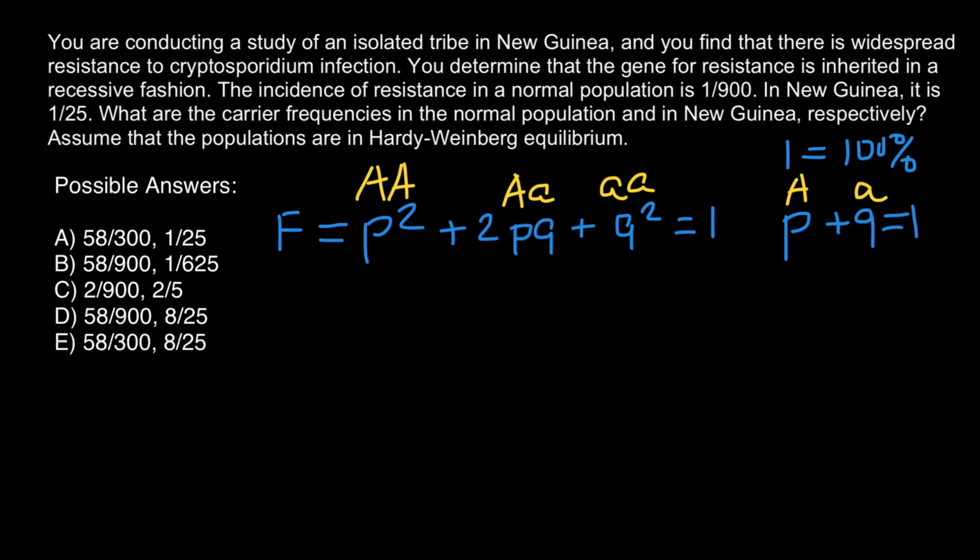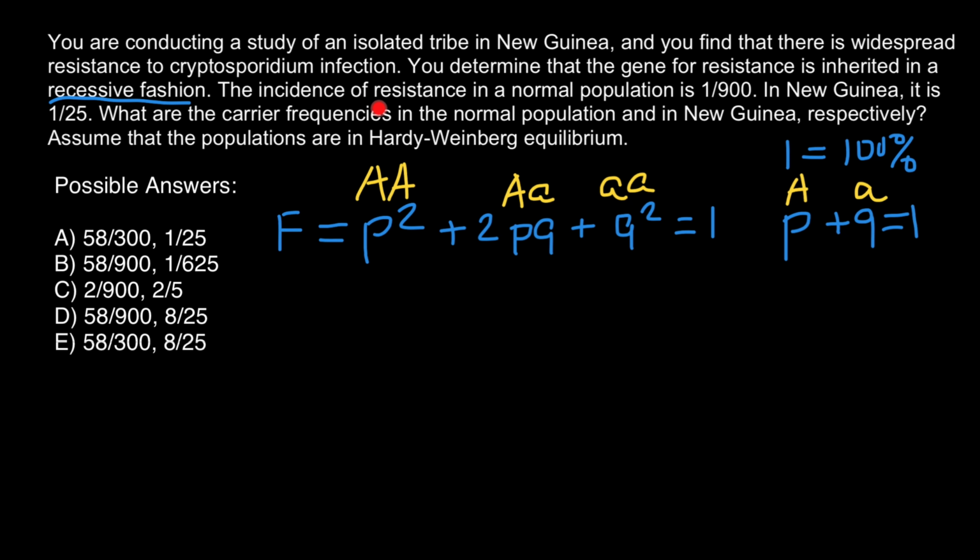Now let's read our problem again. You determine that the gene for the resistance is inherited in a recessive fashion. So resistance is due to the recessive allele, and a person who is homozygous recessive would be resistant.